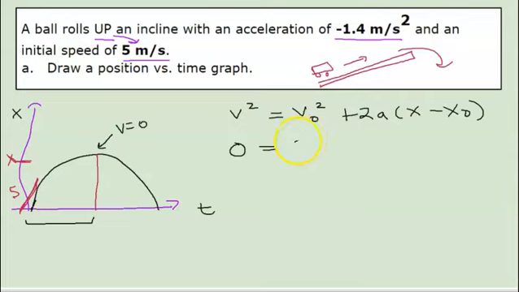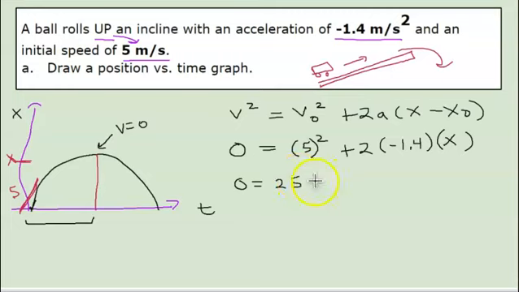Okay, v naught squared, v naught was 5, so I'm going to square that. My acceleration is minus 1.4. You really want to be careful about the minus signs. And we decided x naught was 0. So we get 0 equals 25 minus 2.8x.